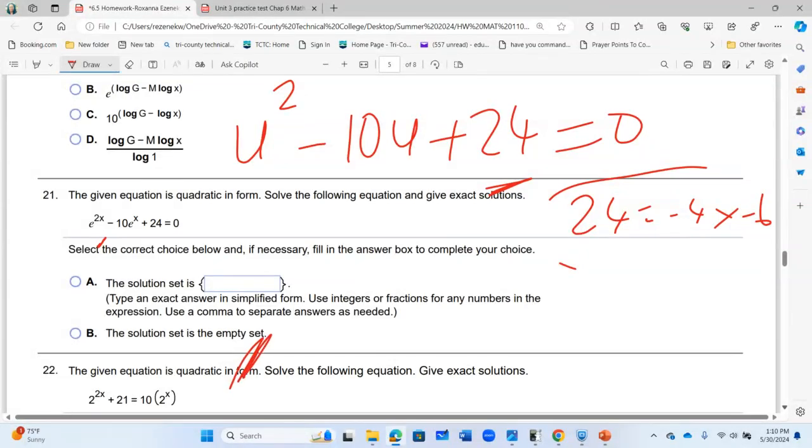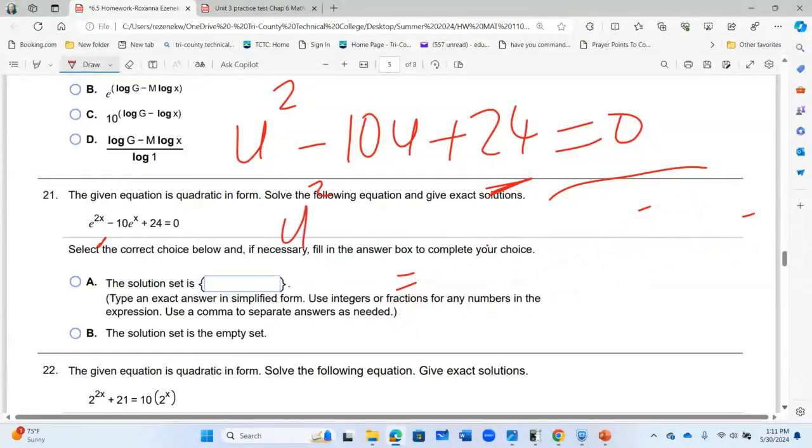When you finish, you get the value of u, you go back and remember you said u is equal to e to the x. Now, with the first value, you substitute it and solve for x. Let's finish it so that we can see how our back substitution will be.